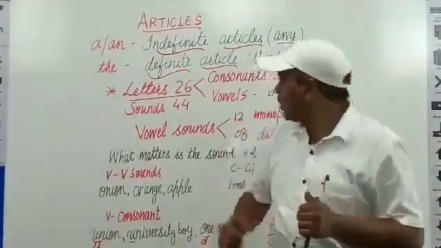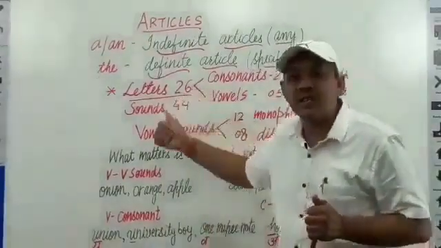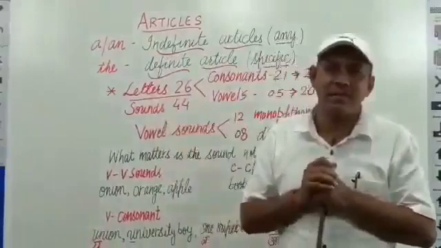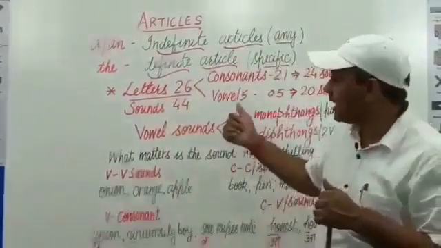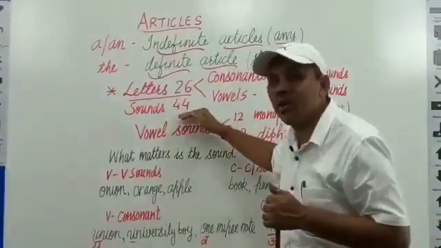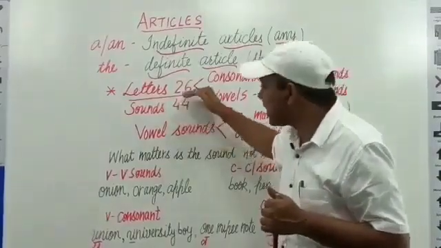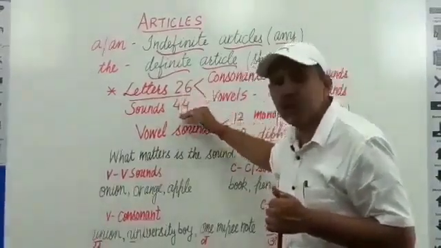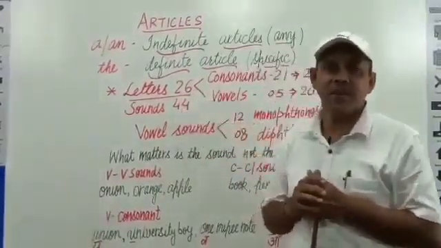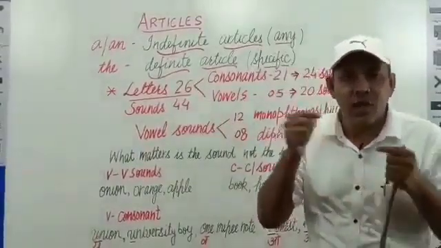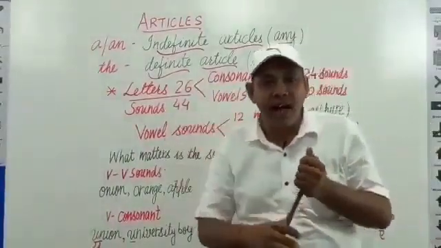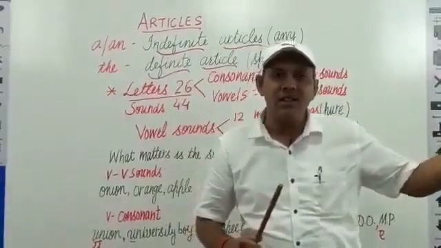As you know, there are only 26 letters in the English language. And the problem is there are 44 sounds. 26 letters produce 44 sounds. There is no one-to-one correspondence in English as found in Hindi.